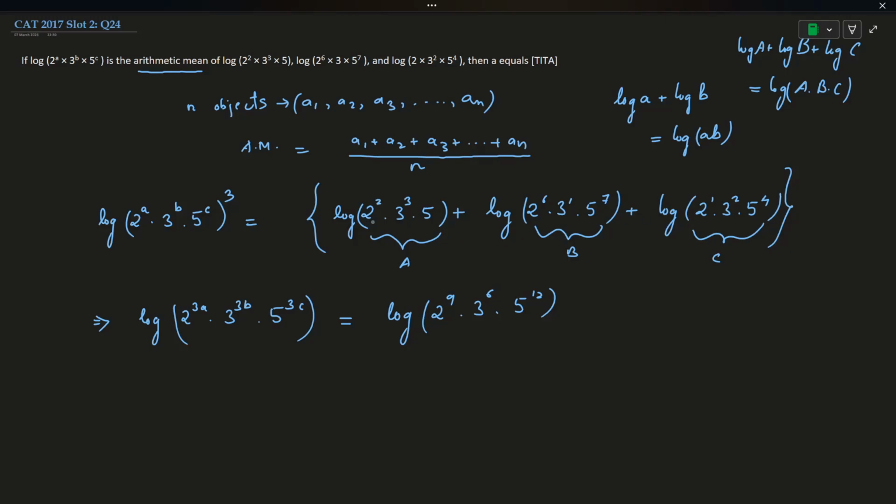And what is a? 2 cube, 2 square into 3 cube into 5, and then use the properties of logarithm. This is 6. From here I can say 3a, which is power of 2, is equal to 9. So a will be 3. Type in the answer. So the correct answer will be 3. A very easy question, guys.